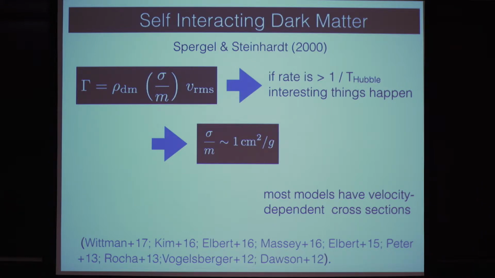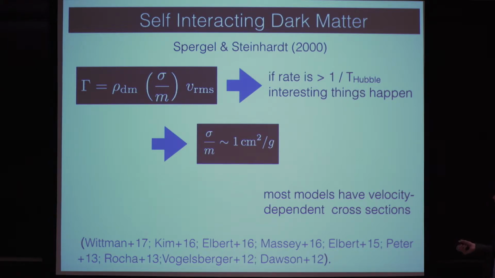And so that's the relevant number. It turns out that if the cross-section per unit mass is of order 1 centimeter squared per gram, which is like a barn per GeV, then the rate is interesting in a Hubble time. That is, in a Hubble time, you're going to get a couple of scatterings. And so that sets the scale of interest. Now, I should point out that most models would have a cross-section that depends on the velocity itself, like any kind of nucleon cross-section would.